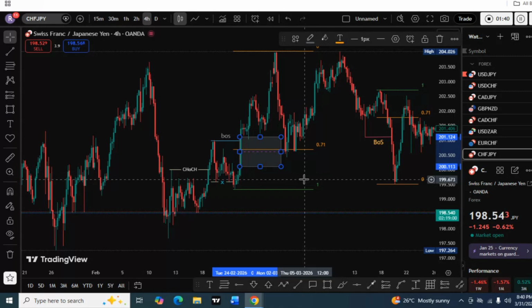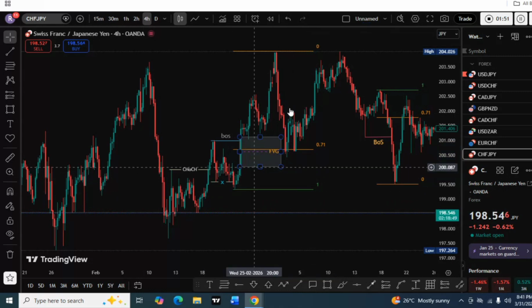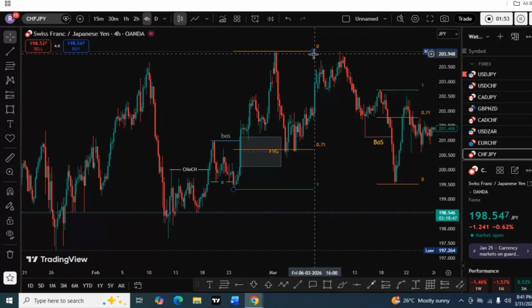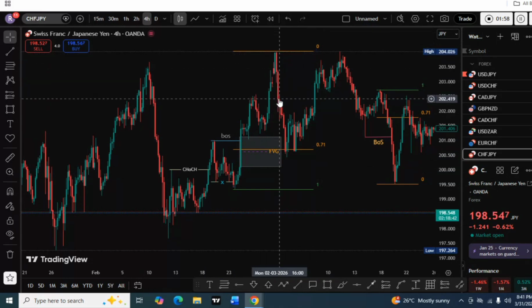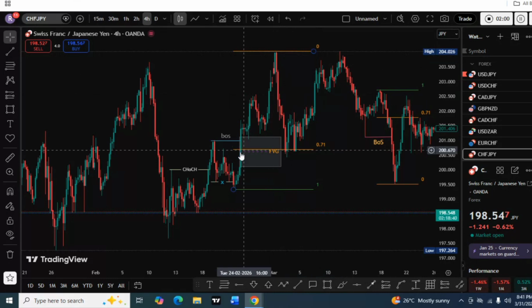So that fair value gap needs to be filled. So I just buy limit at that area. So as you can see, the market just comes to that fair value gap, and then it took us.